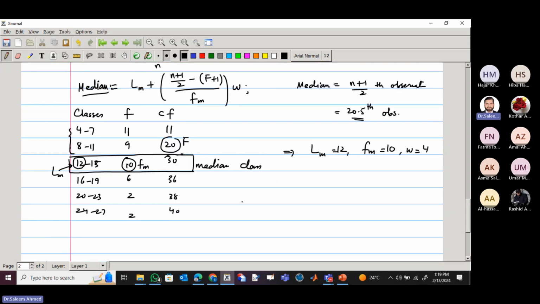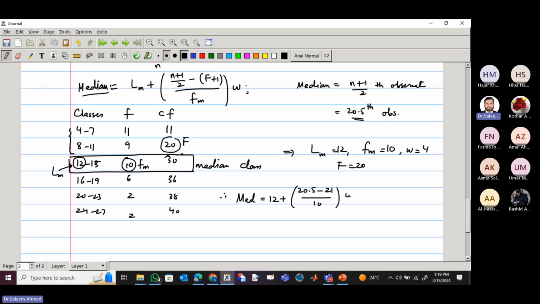So now if I replace everything, my median will be equal to LM, which is 12, plus (n plus 1) by 2, which is 20.5, minus f plus 1, which is 21 because f is 20, right? So it is divided by the frequency of the median class, which is 10. It means the 20th item becomes the median, not the 21st.